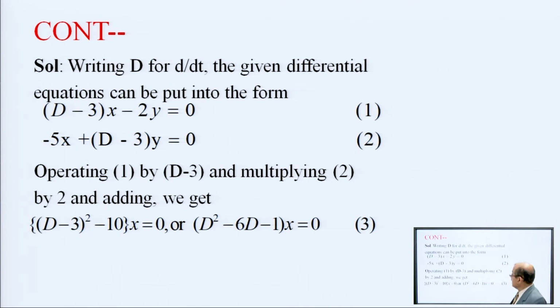Here, writing D for d by dt, the given differential equations can be put into the form of D minus 3 x minus 2y is equal to 0 and minus 5x plus D minus 3 y is equal to 0.